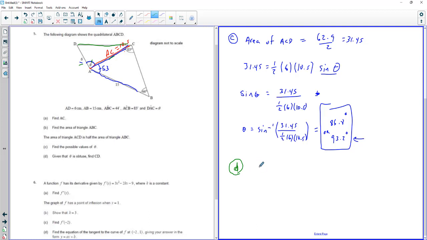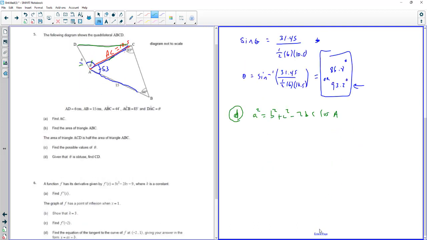So my CD, I'm going to use this formula here. A squared is equal to B squared plus C squared minus 2BC cosine of A. This is the law of cosines. In this case, my A is actually going to be my side CD, so we can call it CD.